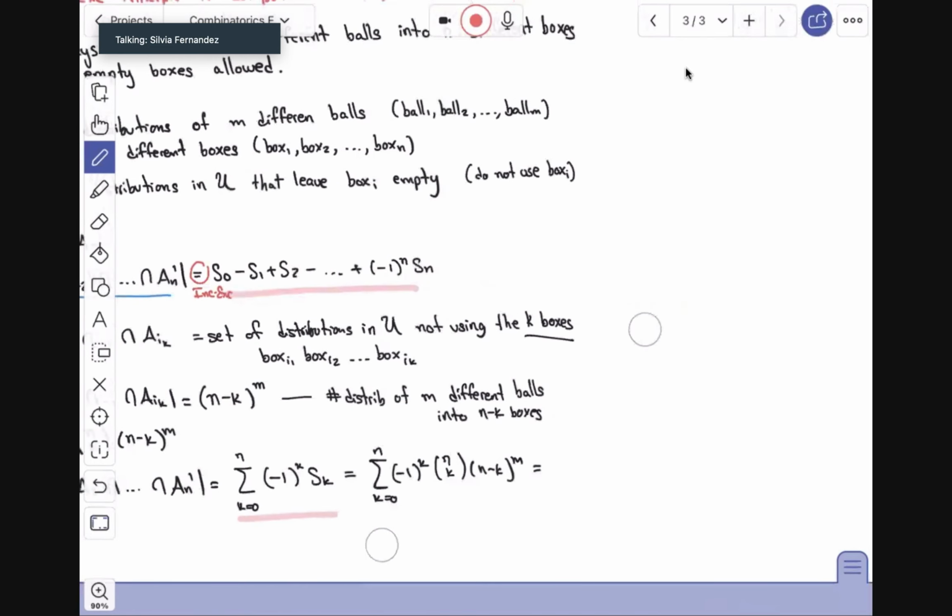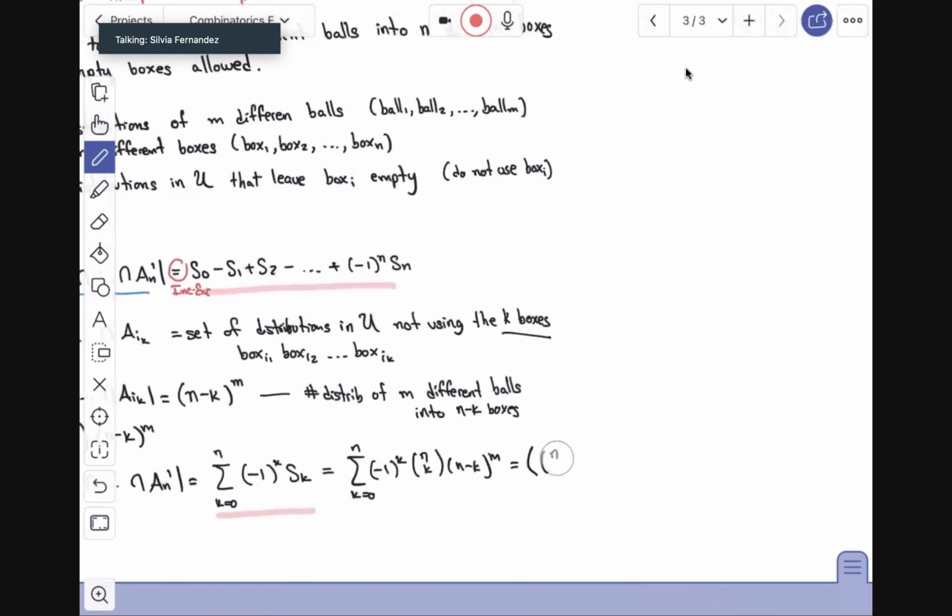So this is exactly the dot product: n choose 0, n choose 1, n choose n, dot product with negative 1 to the 0.